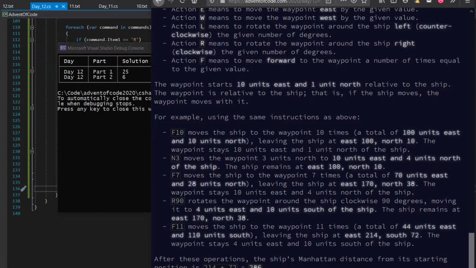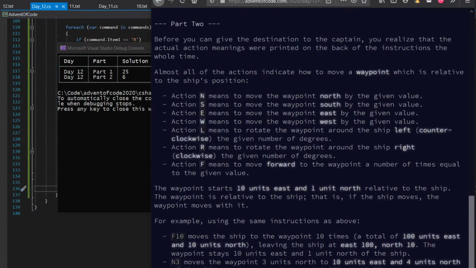That is not correct. F means to move forward to the waypoint a number of times equal to the given value.